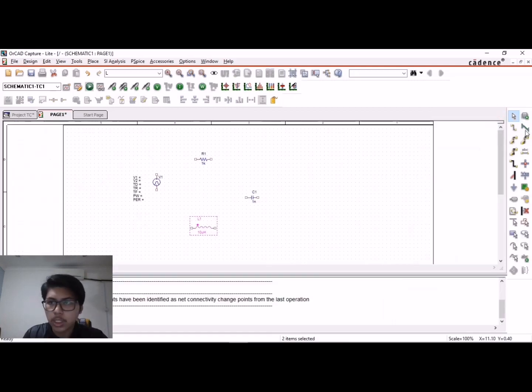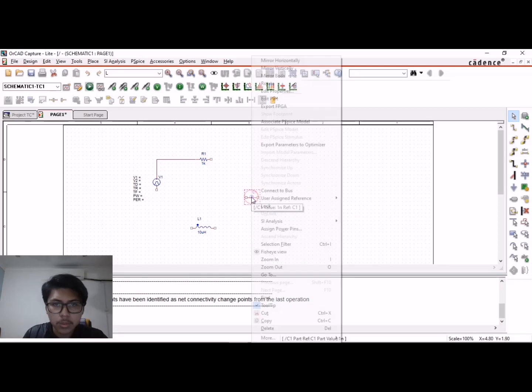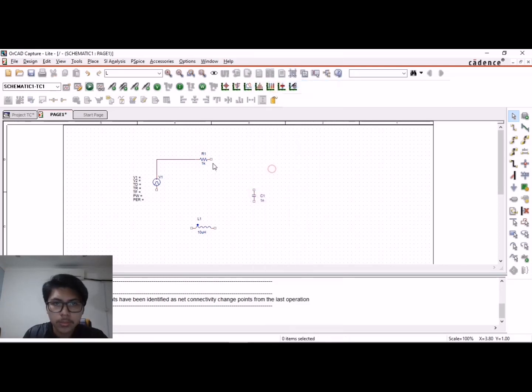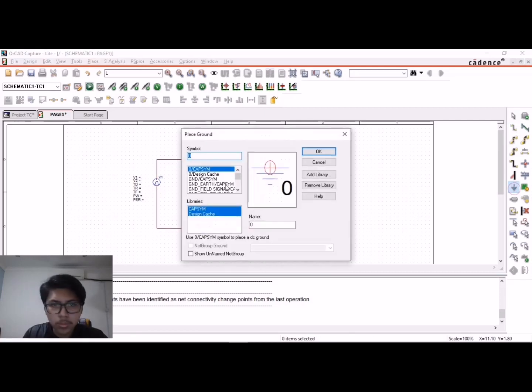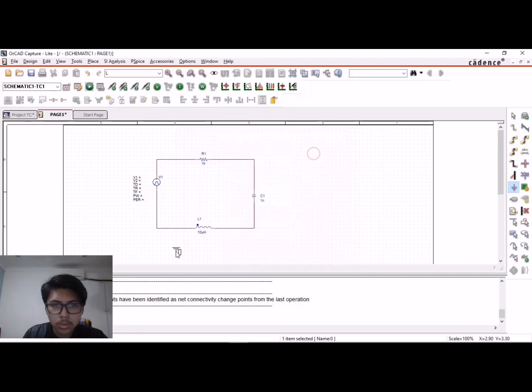Right, then we need to connect all the components with the wire. Then we need to rotate it. Put in the ground. Connect the ground with the wire.